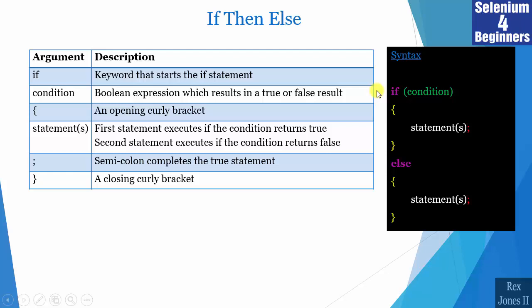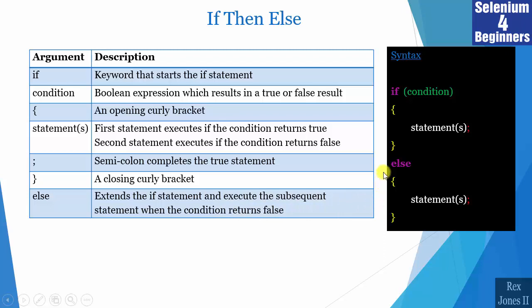If the condition returns true, then the first statement is executed. But if the condition returns false, then the second statement is executed. The else clause extends the if statement when the condition returns false.